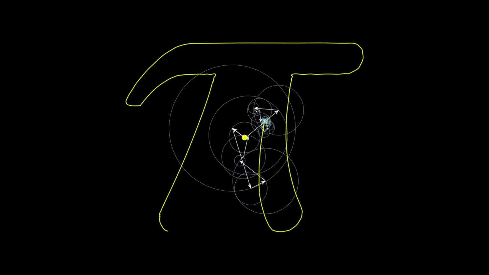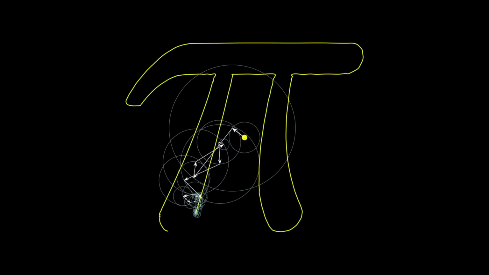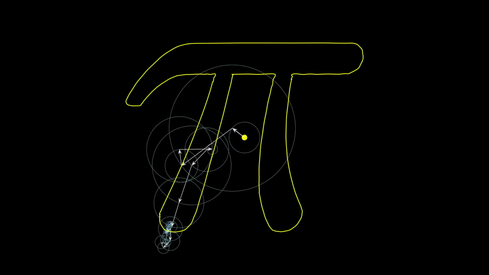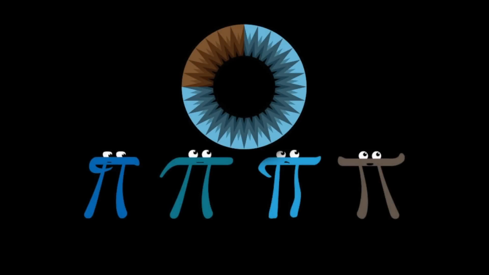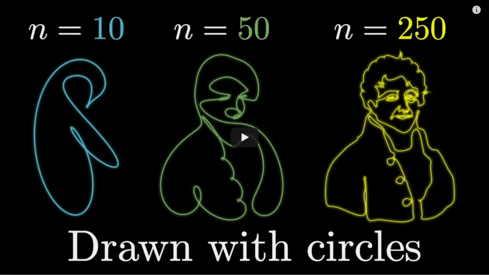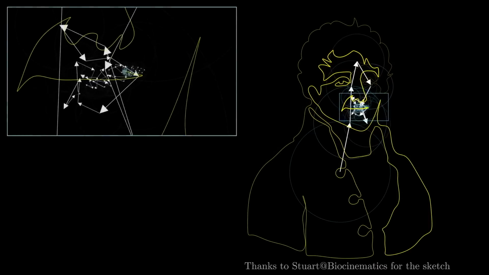So the animation you see here is my homage to Grant for his generous contributions and for being such a wonderful inspiration. If you're not familiar with 3Blue1Brown, you really should check it out. The videos are truly amazing. In the description below, I'll put a link to his video that, among other things, uses a Fourier series to sketch out a portrait of Joseph Fourier.